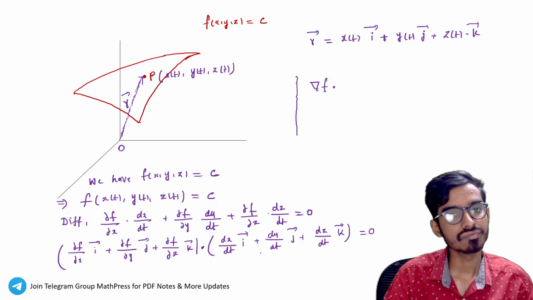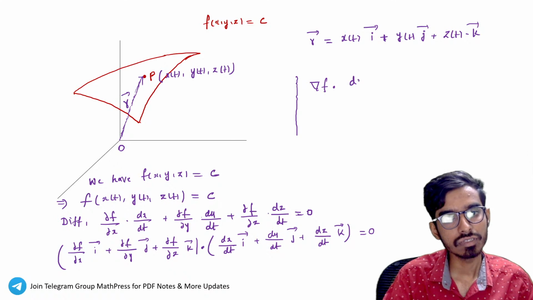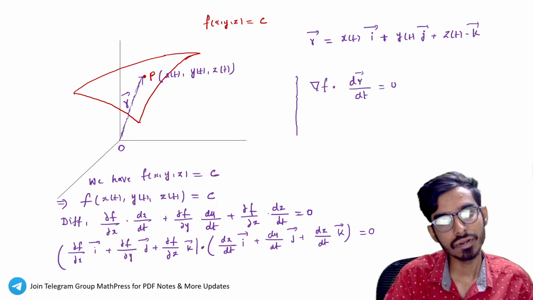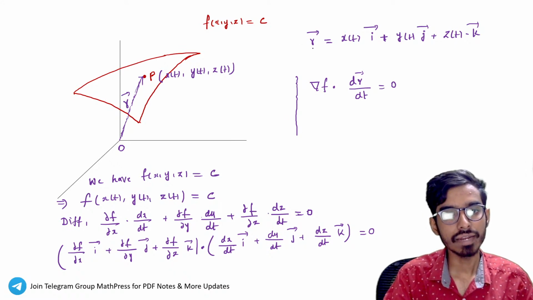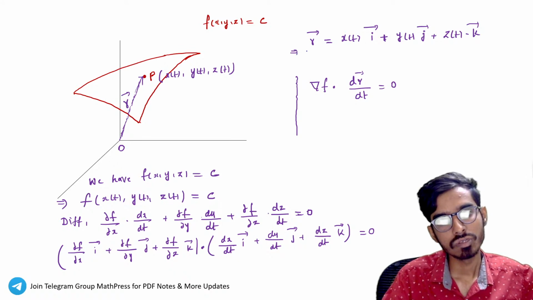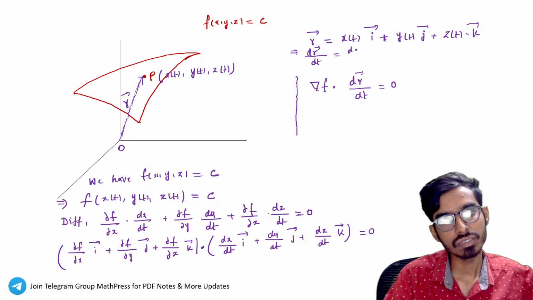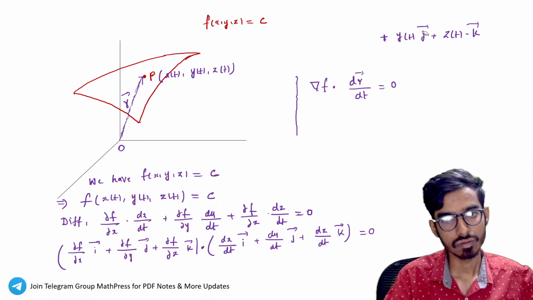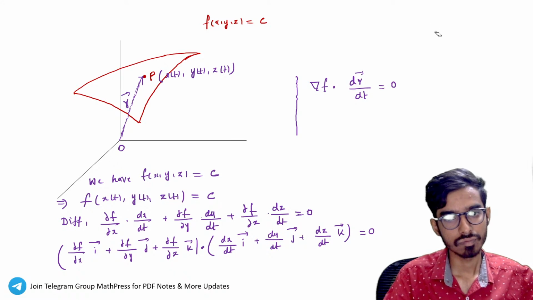What is this? This is the derivative of the r vector, so this is dr vector by dt, and this dot product is equal to 0. Let me write it here.